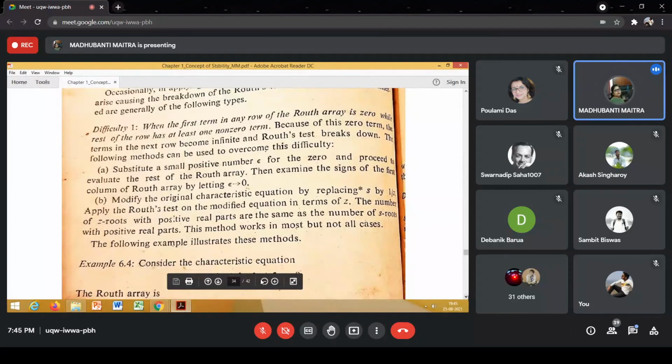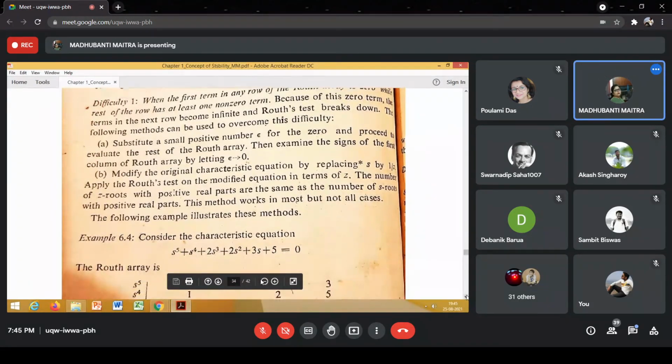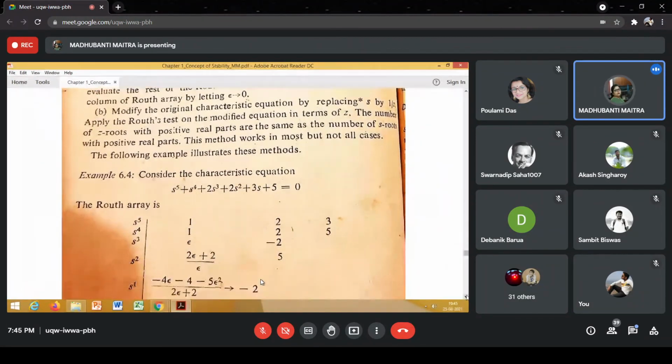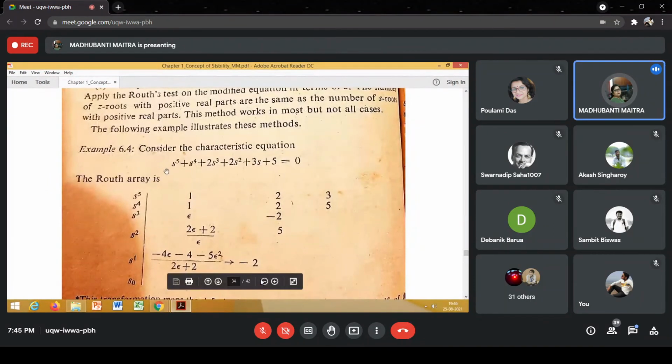So what can be done? Now, to tackle this problem, since a0 is positive, in place of 0 we'll substitute a very small positive number denoted by epsilon.